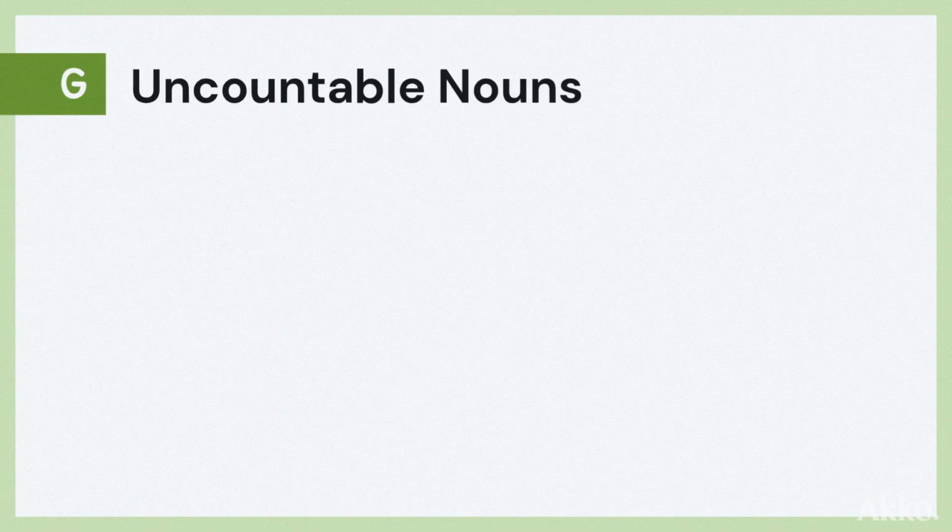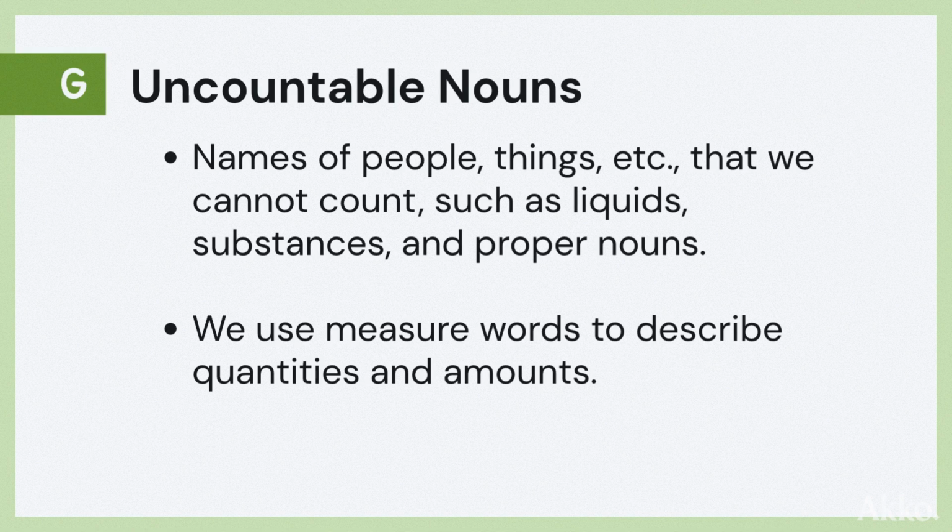For uncountable nouns, also known as non-count or mass nouns, they are names of people, things, etc. that we cannot count, like liquids, materials or substances, and proper nouns.